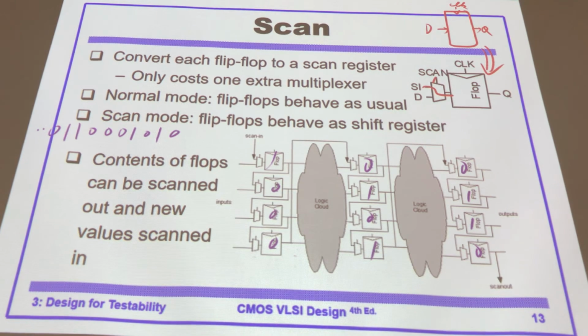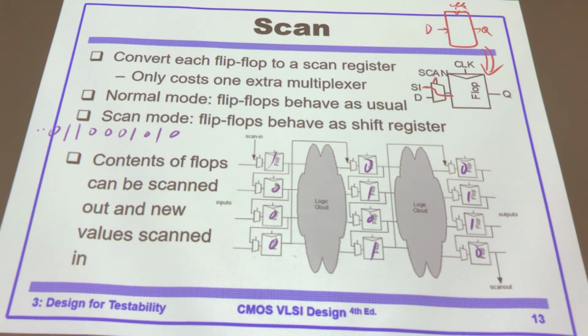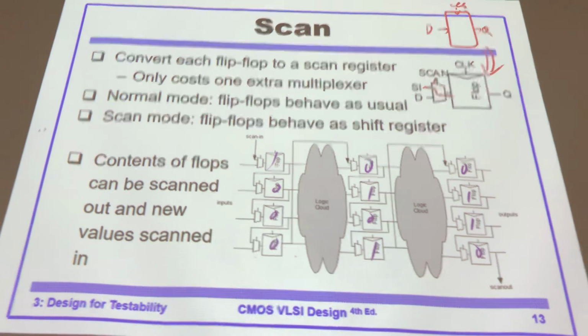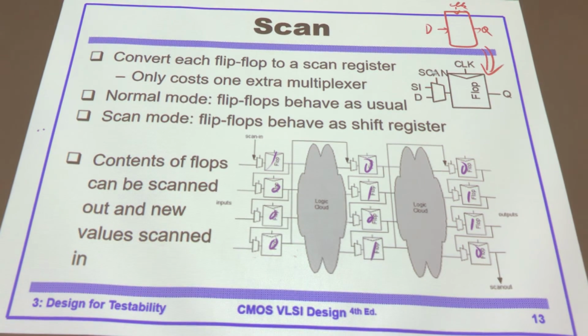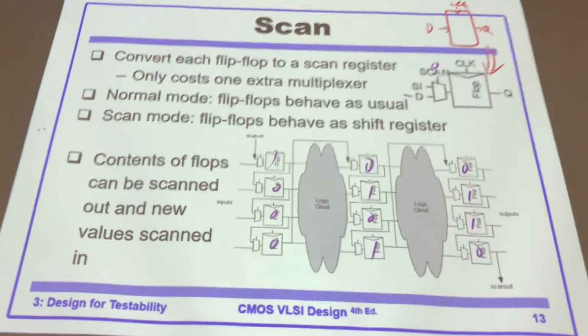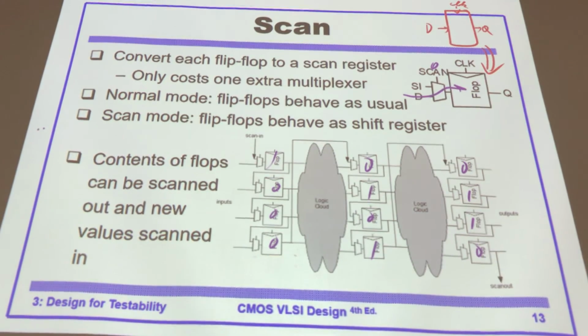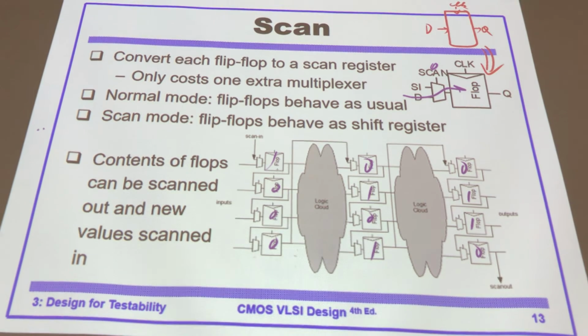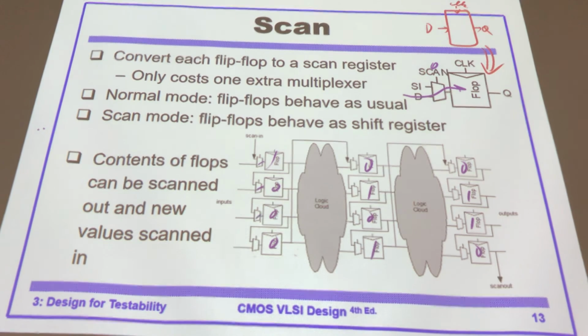After 12 clock cycles, we have already set up the value we want to set. If you provide from scan in 0, 1, 1, 0, 1, 0, 1, 0, 0, 0, 0, 1, 12 bits of input, right? After that, we change the mode to normal mode. Now it's 0, the normal mode. Normal, it becomes disconnection, right?